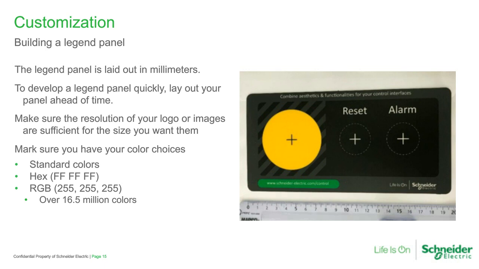If you take a very low resolution image and blow it up for a large legend panel, it might be pixelated, so you may have to play around with that a little bit. And lastly, you can experiment on colors, but if you already have the colors picked out, this will make the designing process go much faster. And as you can see, you have over 16.5 million colors to pick from.